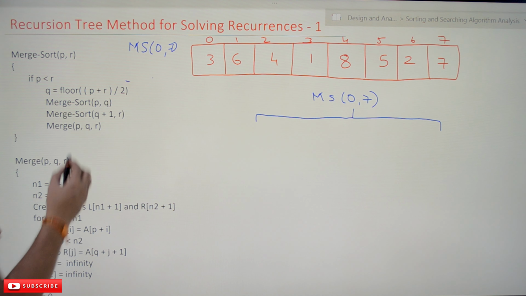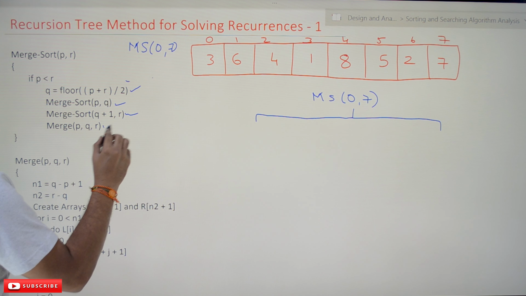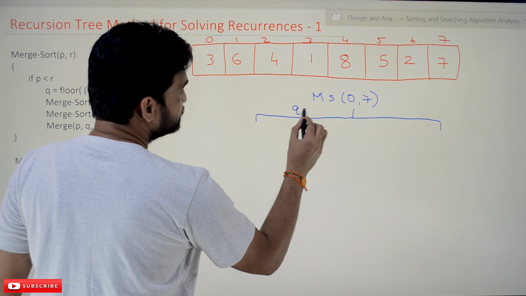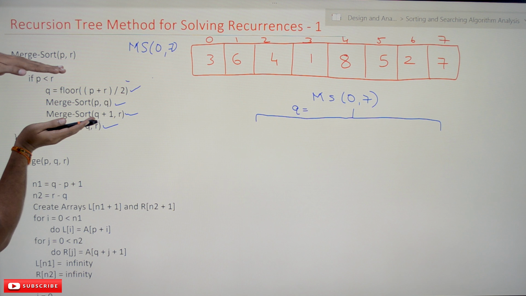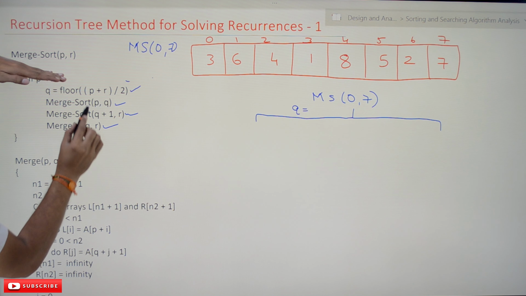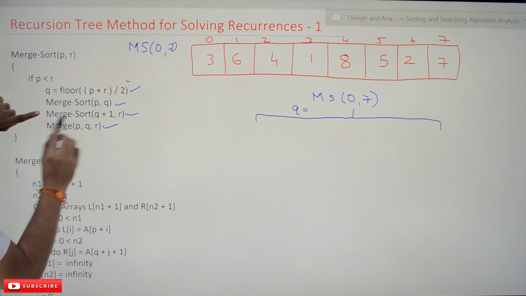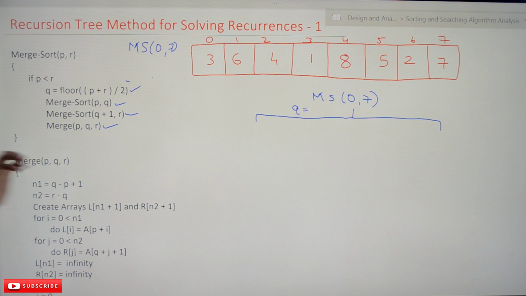The steps executed are this one, this one, this one and this one. First, what is the value of q? In this entire execution we have three function calls: merge sort of p comma q, merge sort of q plus 1 comma r, and merge of p comma q comma r.